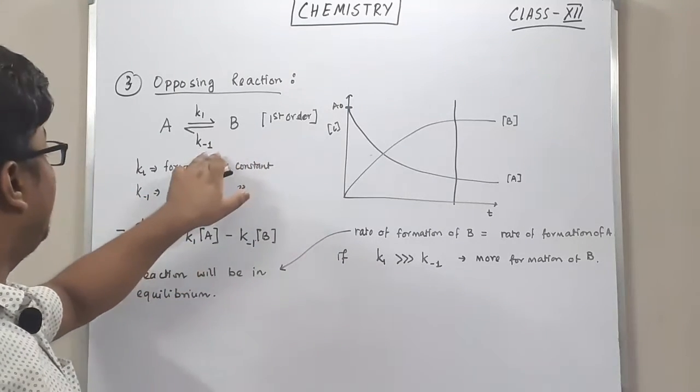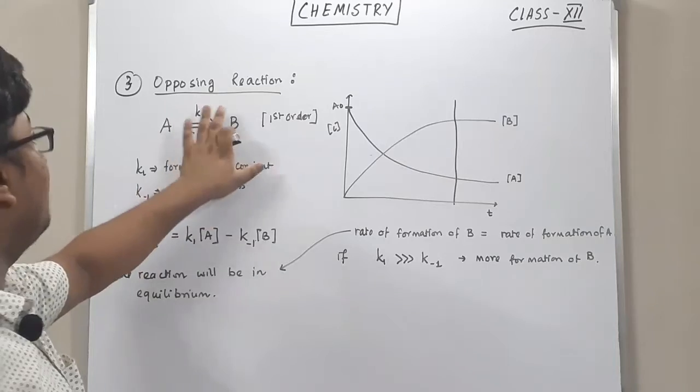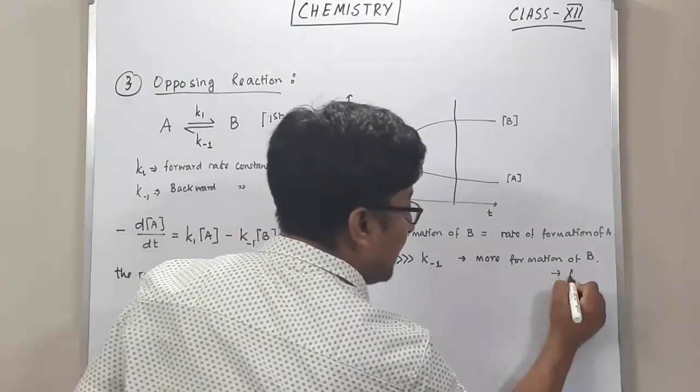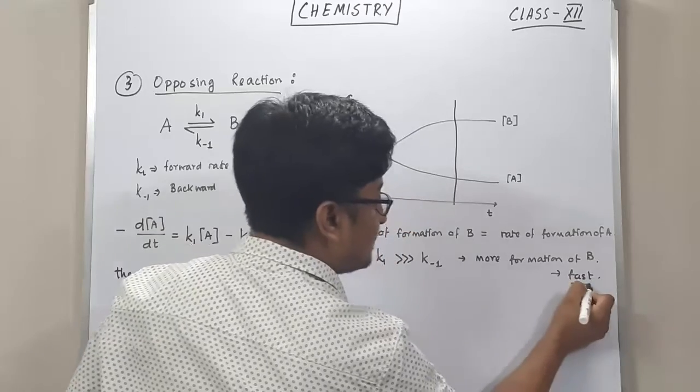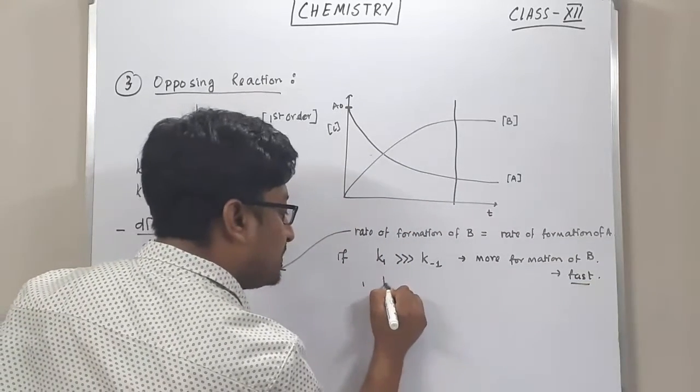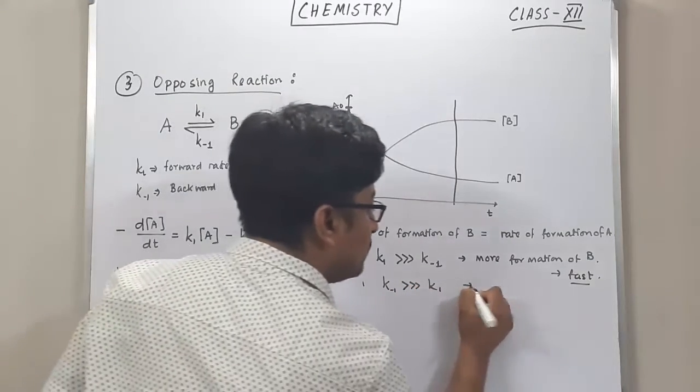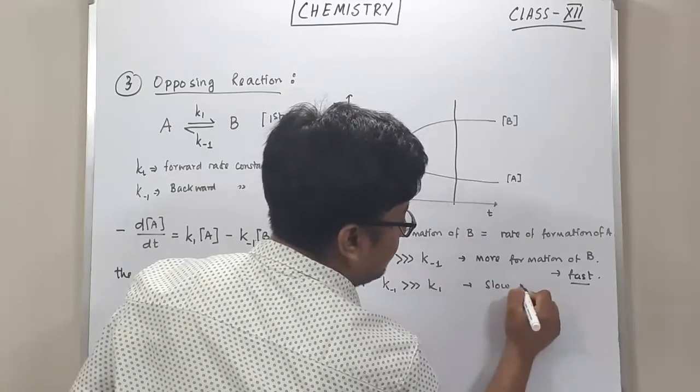Similarly, if you have K minus 1 greater than K1, then there is more A formation. Then I would say this reaction is a fast reaction. And if it is the opposite, that is K minus 1 is much greater than K1, this is a slow reaction.